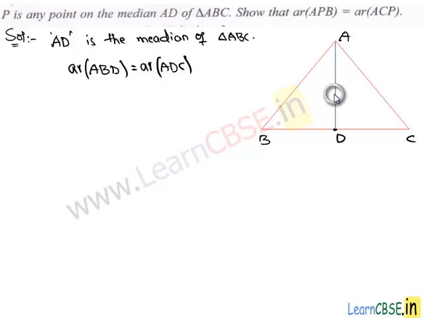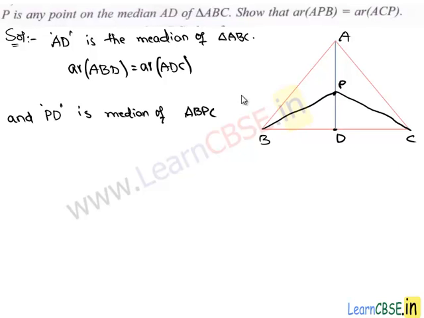So we suppose this is the point P and we join the vertices B and C to P. Now we got a triangle BPC. In this triangle BPC, PD is the median. As we considered above, the median PD divides the triangle into two triangles of equal area. Therefore, area of triangle PBD is equal to area of triangle PDC.